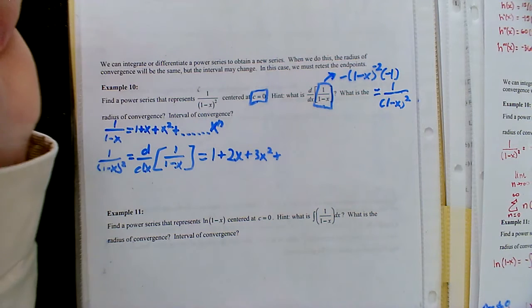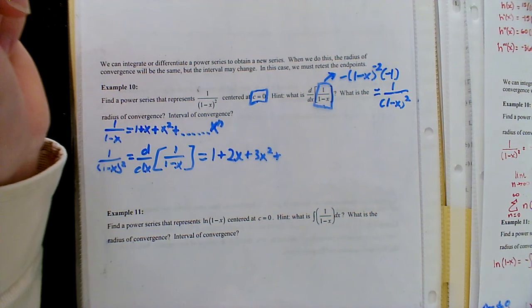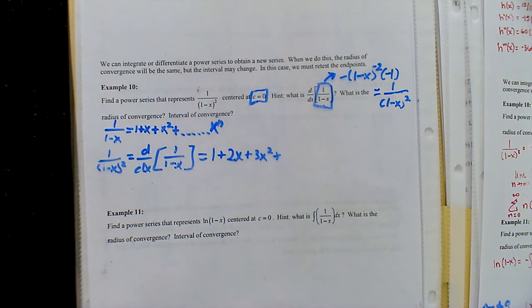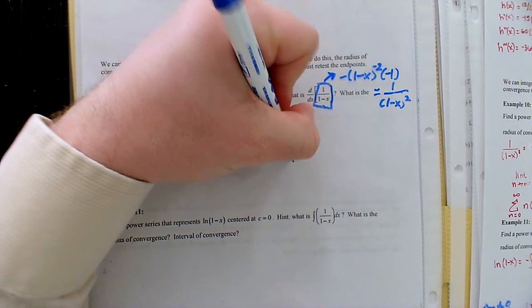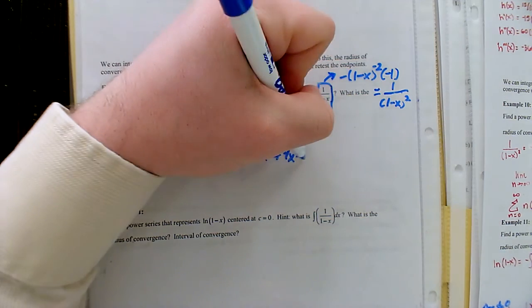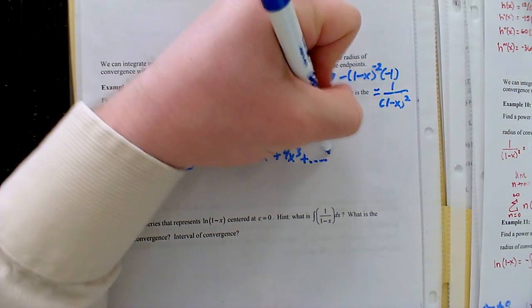We have to go one more term. x to the 4th, derivative of that: 4x cubed plus dot dot dot.